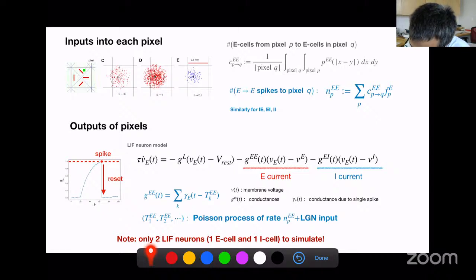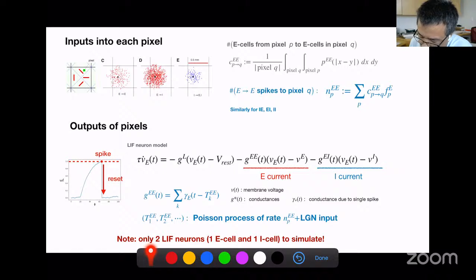Sorry, this is a little bit of a mess, but the important thing here is the number of incoming spikes. For example, if I focus on the E to E spikes, if the other pixels have these given firing rates, then I calculate this number, and then I realize a Poisson process with that rate, and that gives me a sequence of times.